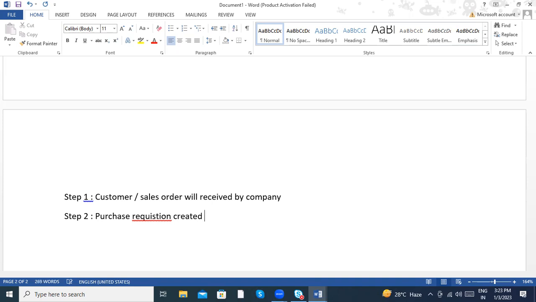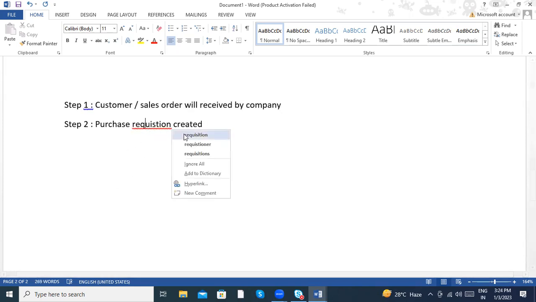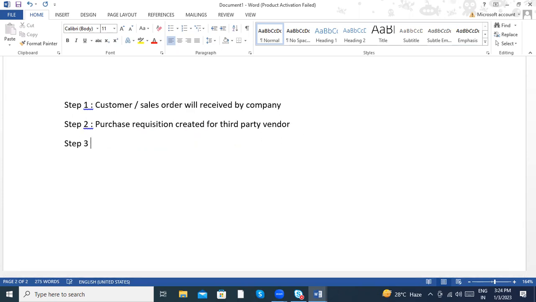The purchase requisition is created for this third party vendor, so he is a third party vendor, right? And for step 3, we will create a purchase order to the third party vendor.